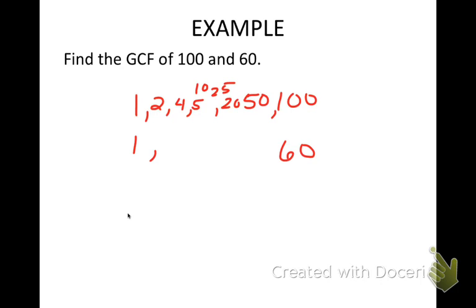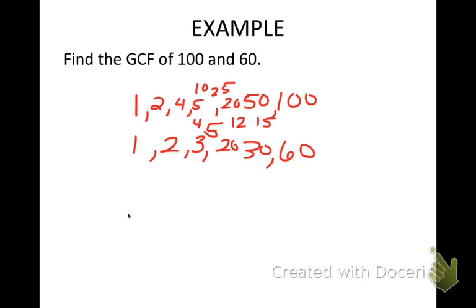For 60: 1 and 60, 2 and 30, 3 and 20, 5 and 12, and then 4 and 15. So my largest common factor is 20.